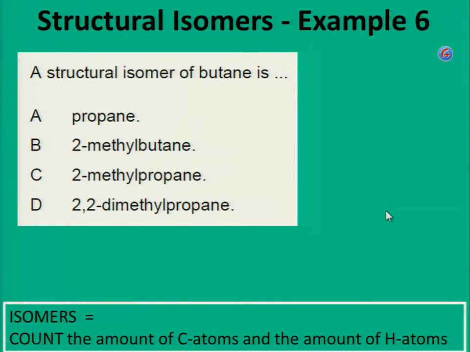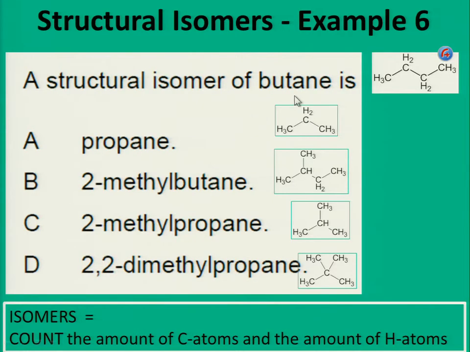Example 6. A structural isomer of butane is propane, 2-methylbutane, 2-methylpropane, or 2,2-dimethylpropane. So, the easiest way to solve this problem is to draw these structures. Butane. It's got 1, 2, 3, 4 carbons.